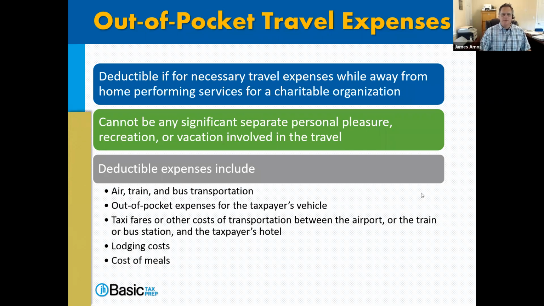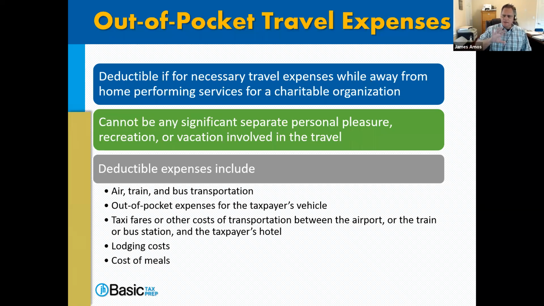When you're traveling, meaning you're going away from home while performing services for a charitable organization, you can claim travel expenses. You cannot include anything if you're away mostly for personal pleasure and recreation. If you happen to have a little pleasure along the way, that's okay.